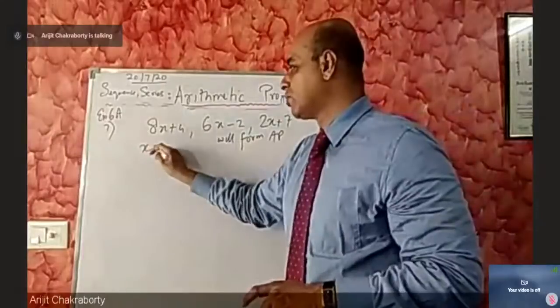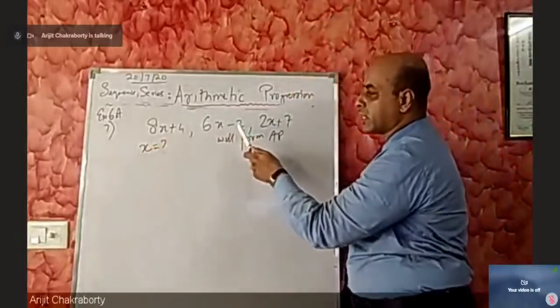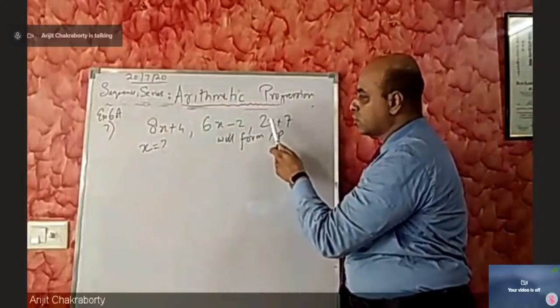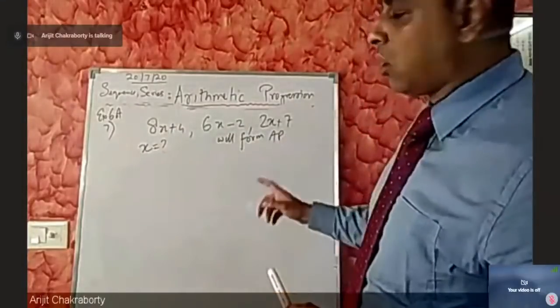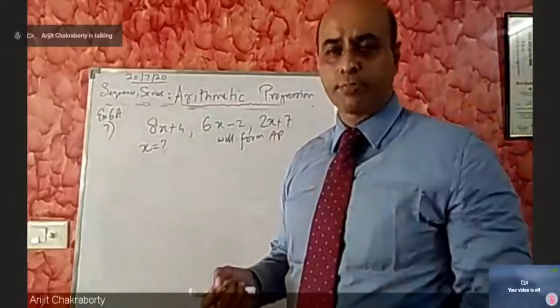So what is the value of x for which 8x plus 4, 6x minus 2 and 2x plus 7 will form an AP? AP is an arithmetic progression.